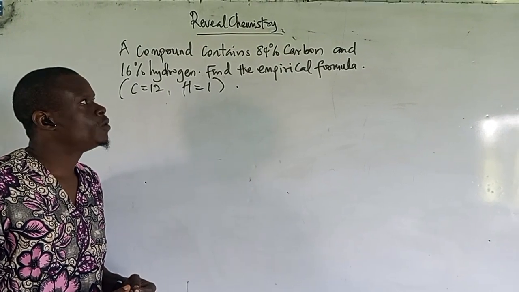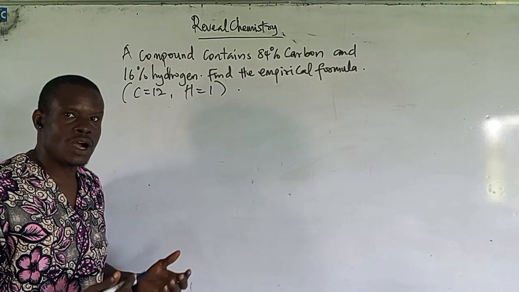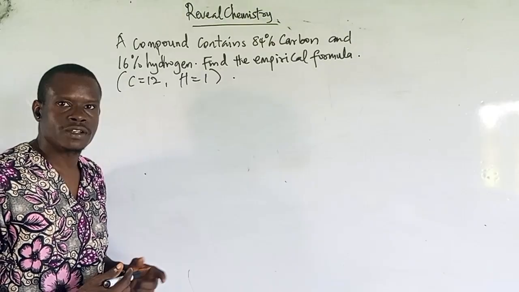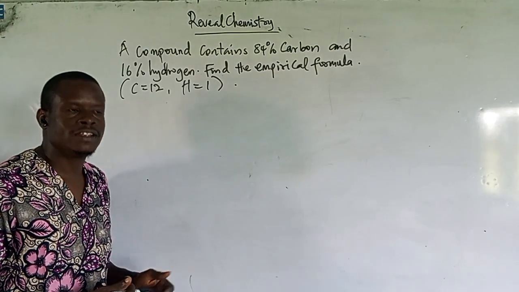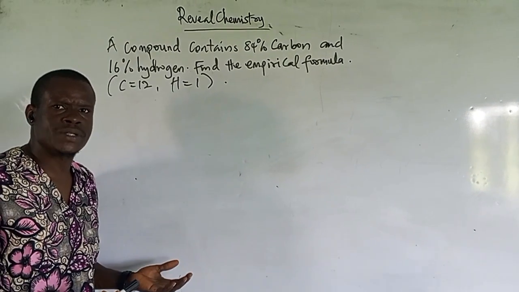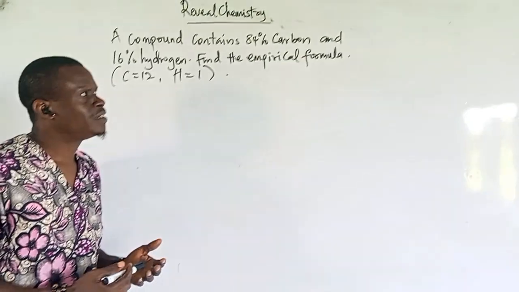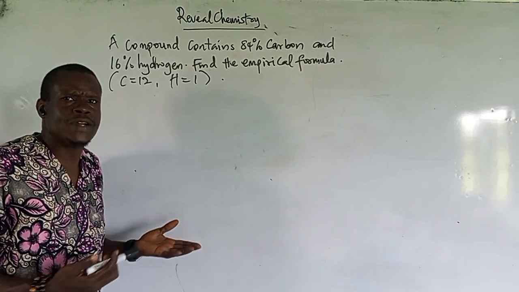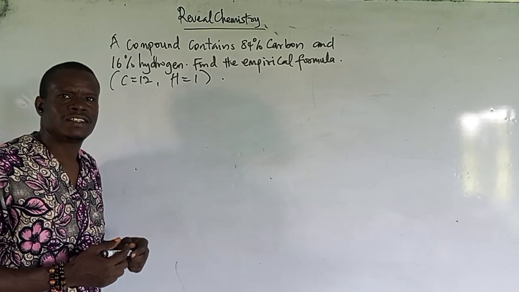But today, we're looking at how to calculate the empirical formula in chemistry. Before we talk about how to calculate it, how do you interpret what an empirical formula is?